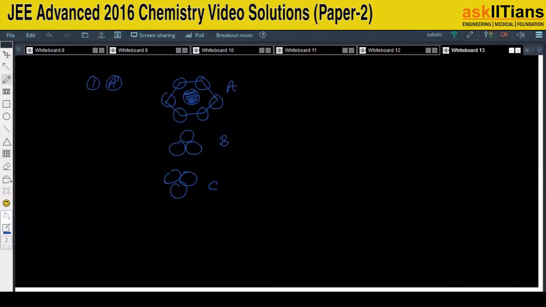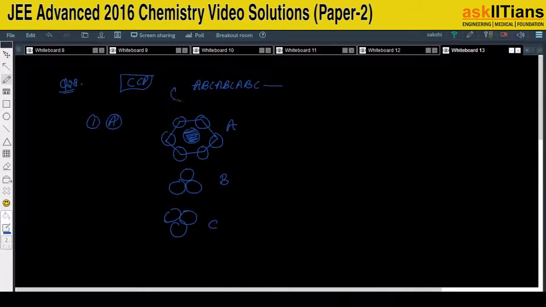On top of A will also be layer number C. Now if I say in the topmost layer, each atom is in contact with 6 atoms in the same layer and 3 atoms below this layer. So he is very clearly talking about the ABC, ABC pattern, but specifically he has written the words topmost layer.